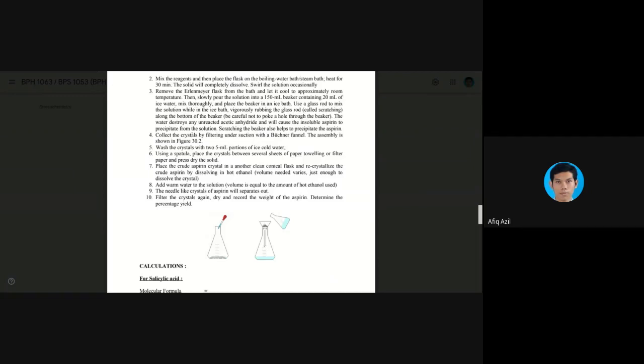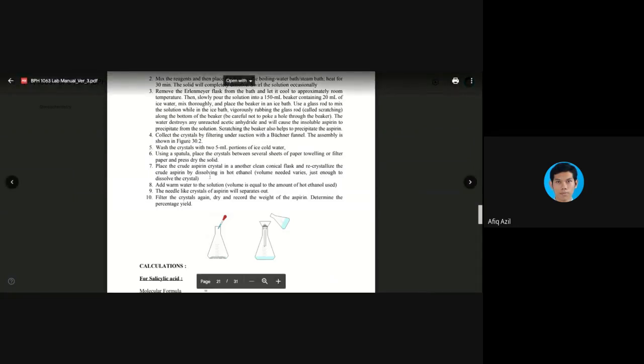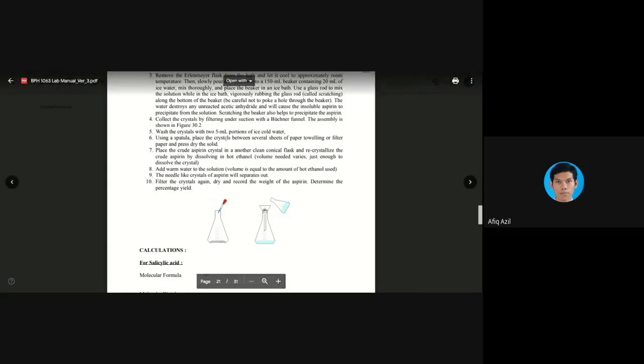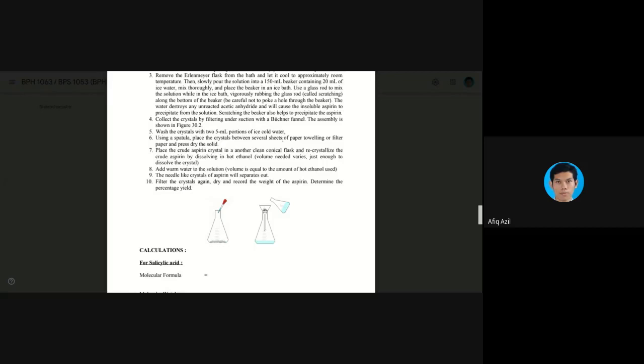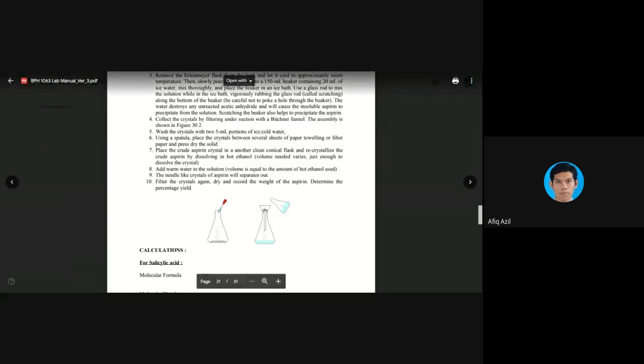And then once you obtain the crystals, below over here, the crystal is what you obtain on the filter paper. So wash the crystal with 2 5 ml portions of ice cold water. You want to wash it with very cold water.